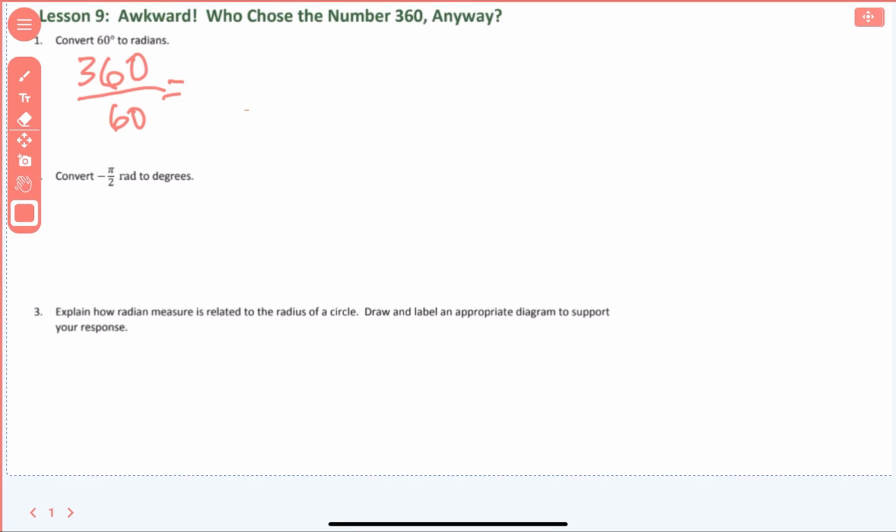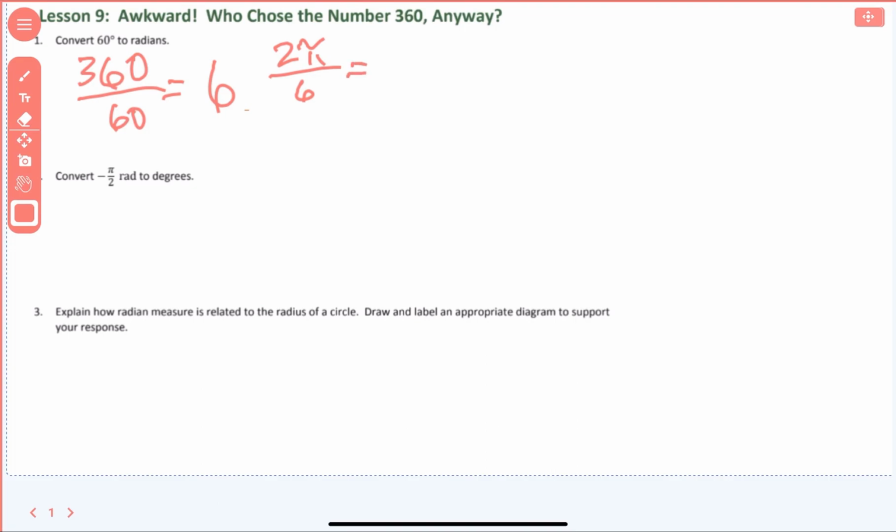What is that? It's 6, right? Now that you have 6, all you have to do is put 2 pi over 6 and reduce that fraction. So 2/6 will reduce down to 1/3.